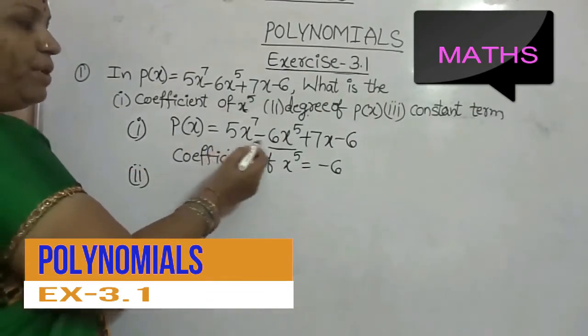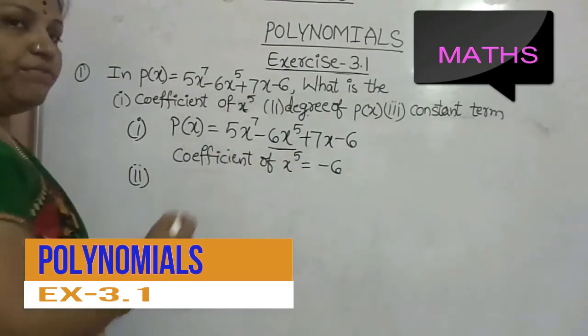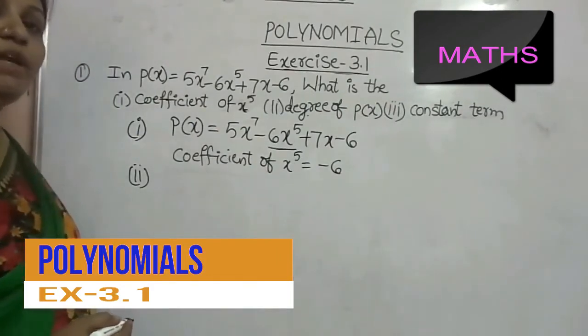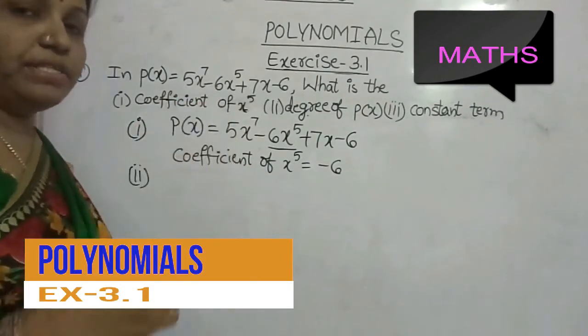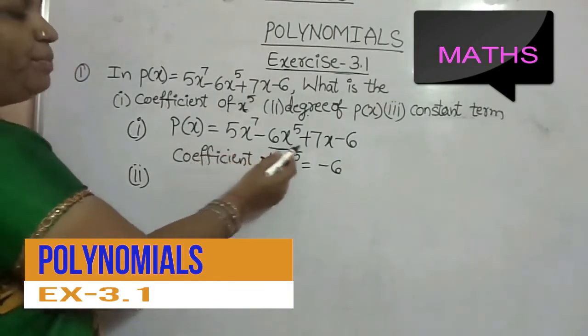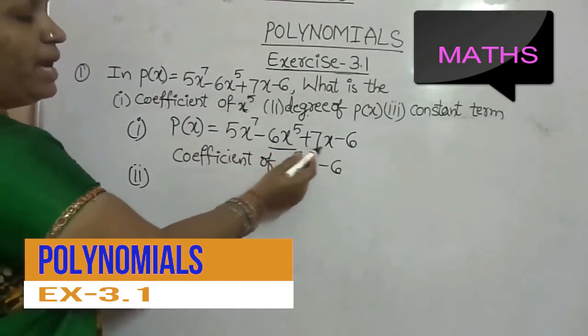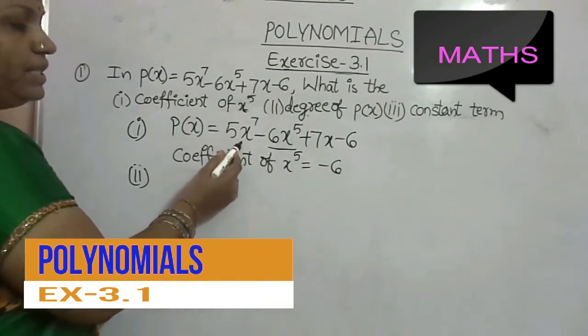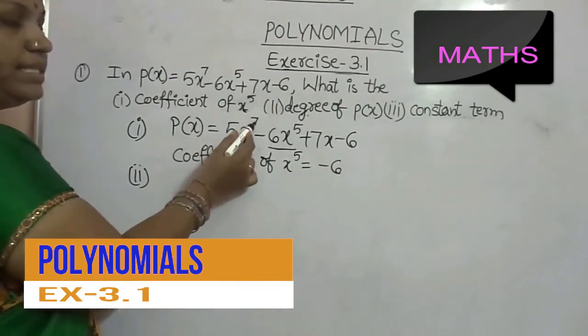P of x is a polynomial in terms of x. Degree means the highest power of x, which is called the degree of the polynomial. So in that polynomial, which term has the highest power? The first term has the highest power, that is 7.